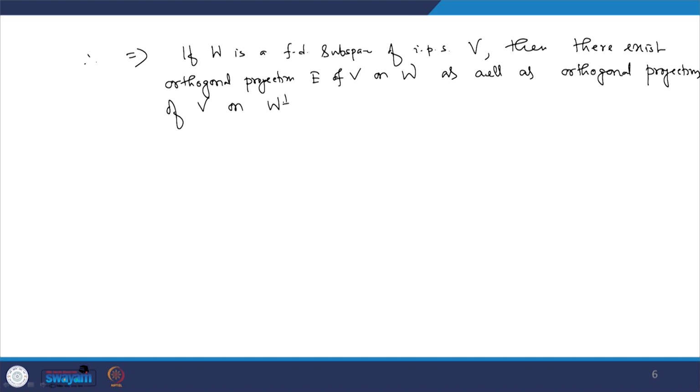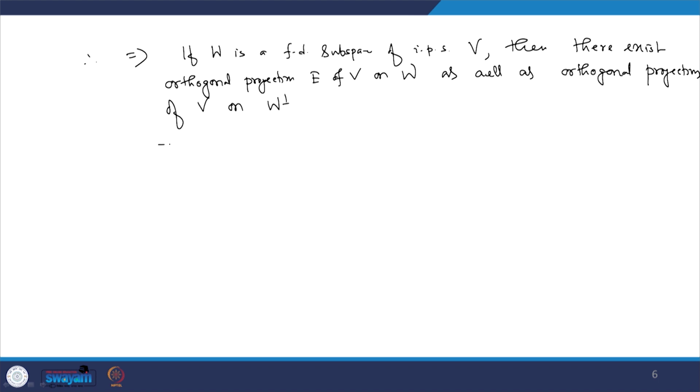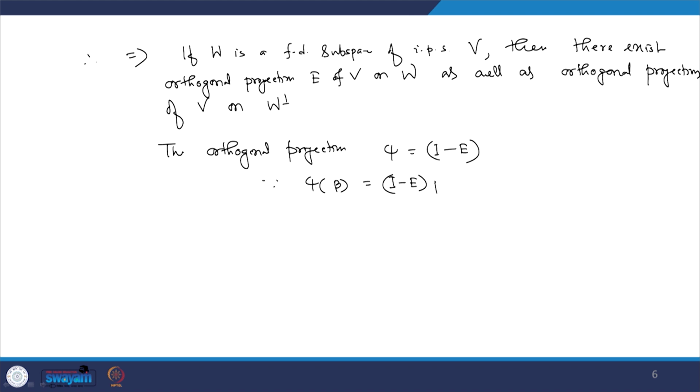The orthogonal projection psi defined here is basically I minus E, because psi of beta is equal to I minus E operating on beta, that is equal to beta minus E beta.